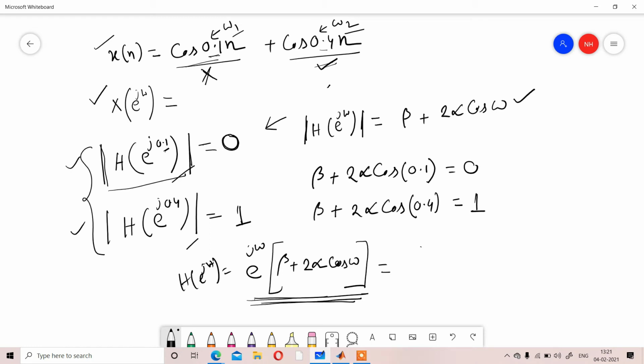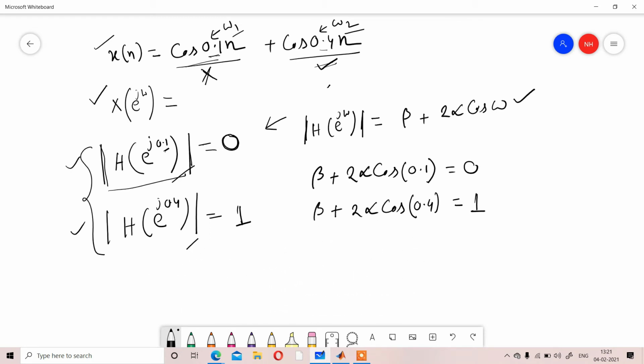0.1 and 0.4 are in radians, as I have already told you. So simply you get cos 0.1 and cos 0.4, converting radians into degrees to get the cosine values. You will get two equations with two variables.